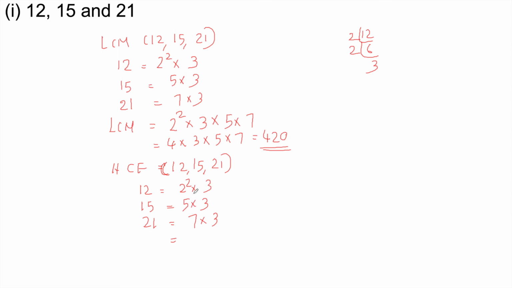What is common here in the 3 numbers? 3 only it repeats. And the smallest power for 3 is 3 raised to 1. That means the HCF is 3. Okay, so the LCM is 420 and HCF is 3.